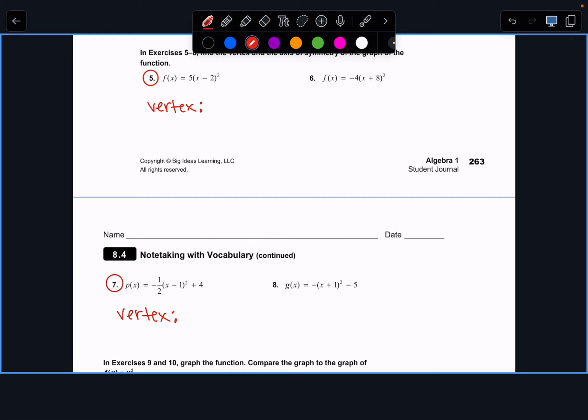I want you to do that with your elbow partner or as a whole table. Talk about it with somebody. I don't want it to be quiet. Do not multiply. There is no multiplying needed.